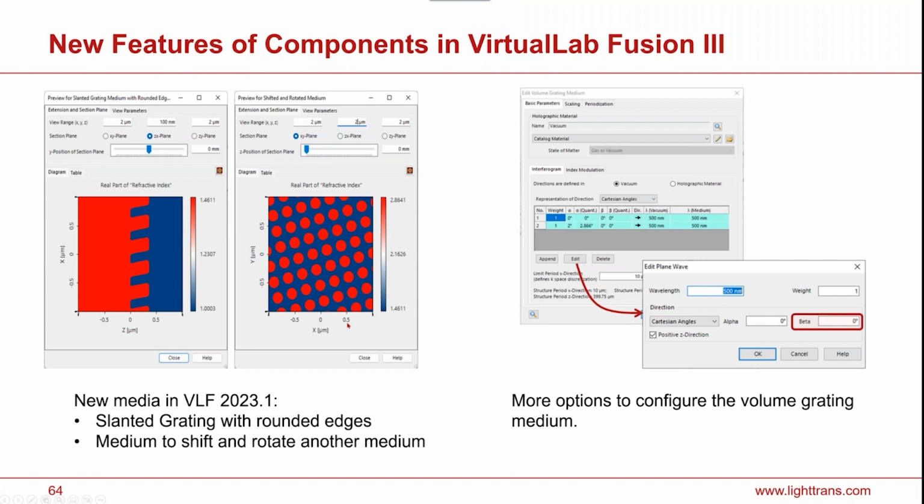And also for all the grating applications, we have added an additional shift and rotation of media for volume gratings or any kind of medium, pillar gratings, metasurfaces, anything you like. And because of the big interest in volume gratings, we also added more sophisticated configurations for volume gratings in different applications. So these are small but quite valuable additions.